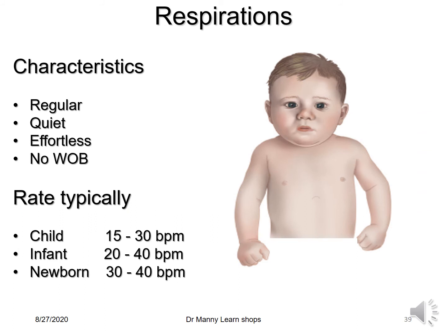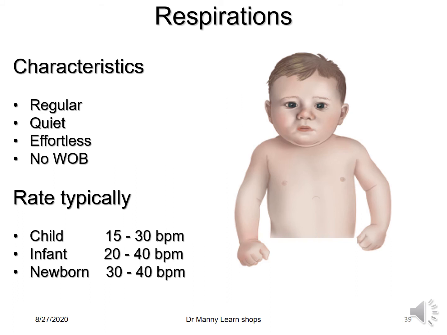Now let's look at respirations. Respirations, as we've indicated previously in the pediatric assessment triangle, are typically regular, quiet, effortless, no work of breathing, which means no use of accessory muscles. Breathing is typically unobservable. You don't see it. You don't hear it.